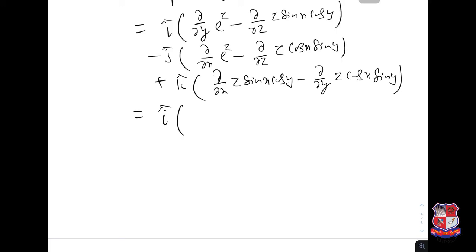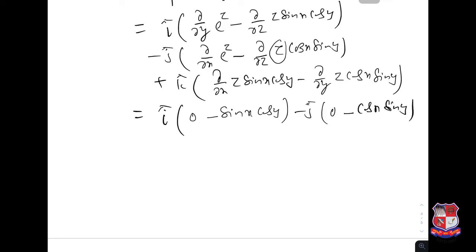Now del by del y of e power z is 0, minus del by del z of z sin x cosine y, so that is sin x cosine y. Then minus j, del by del x of e power z is 0, minus del by del z of z cosine x sin y, so that is cosine x sin y.